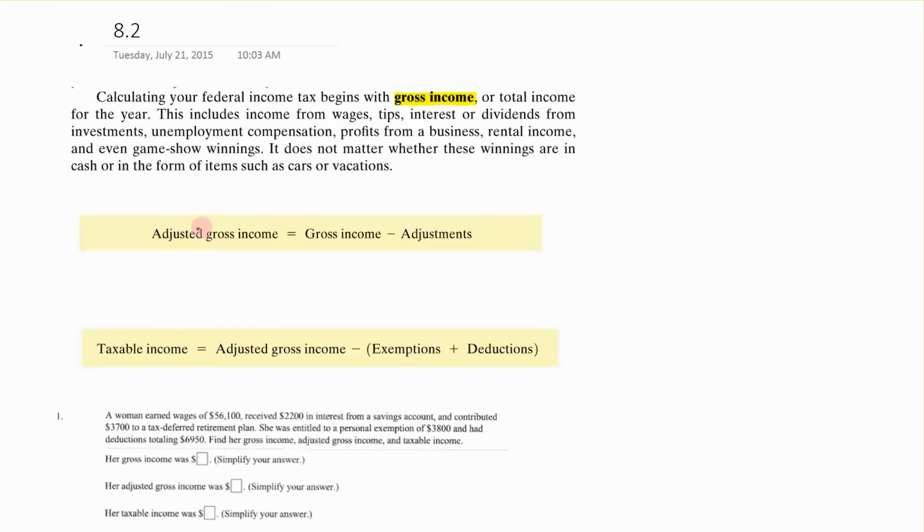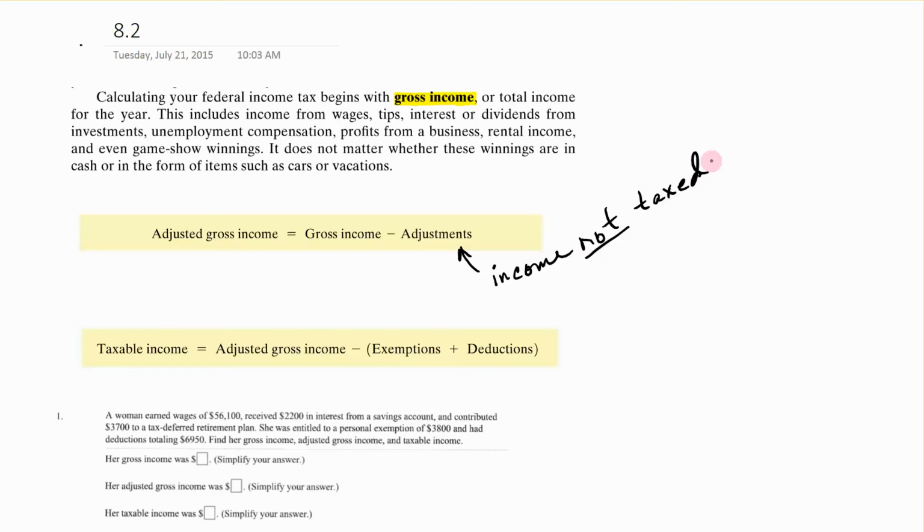Then we will look at what's called adjusted gross income, which is your gross income minus adjustments. Now, adjustments are things that are not taxed. They are things like retirement accounts, tax-deferred savings, interest on student loans, even alimony. So, adjustments, this is income not taxed.